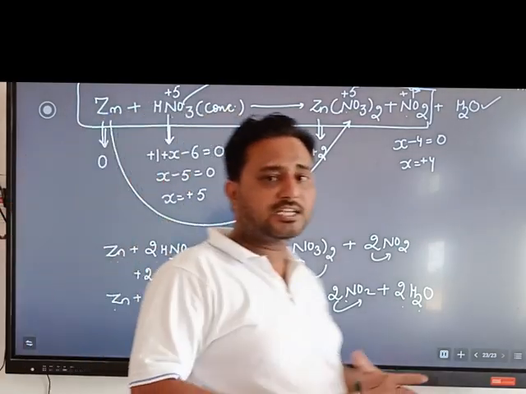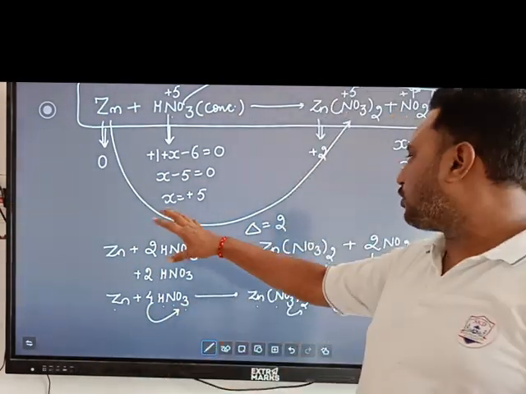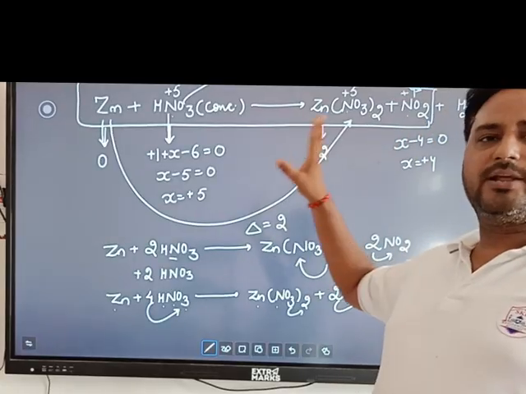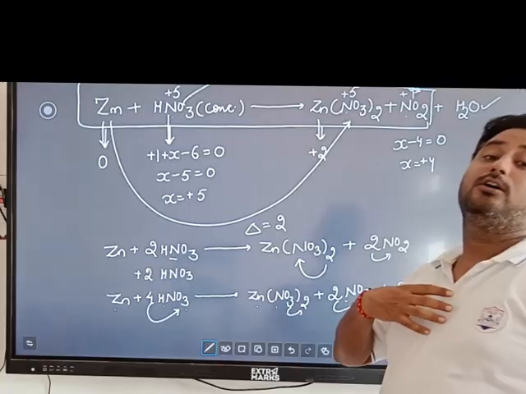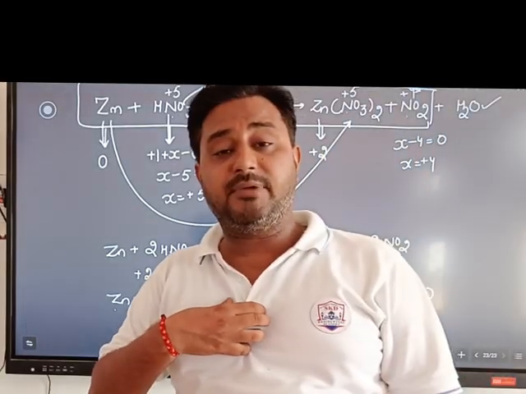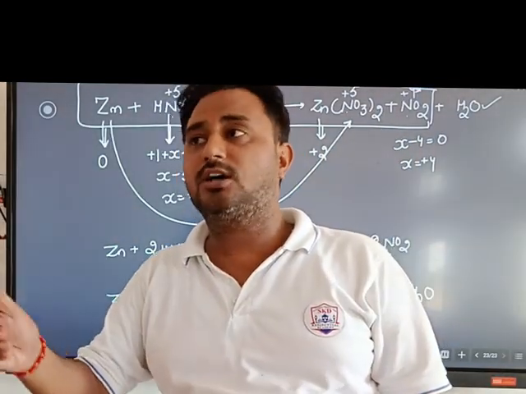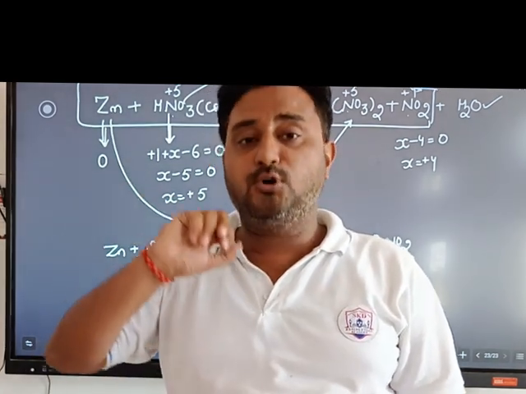तो आपने दो हाफ रिएक्शंस बनाई, देन आफ्टर यू हैव टू कैलकुलेट द चेंजेस एंड देन आफ्टर यू हैव टू क्रॉस मल्टीप्लाई दीज. तो क्रॉस मल्टीप्लिकेशन कर लिया, देन आफ्टर क्रॉस मल्टीप्लिकेशन you have to add the total number of that element for which the reaction is redox as well as non-redox on both sides.